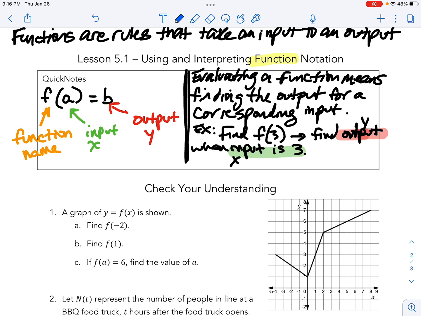So in terms of interpreting function notation, we're going to have to make sure that we just understand what things mean in the context of the problem.